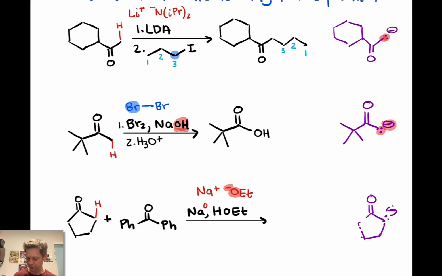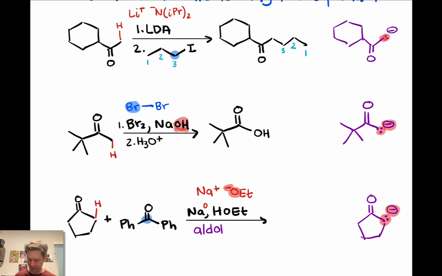Awesome. Okay, so here's our enolate intermediate. Now the question becomes, how is this going to engage with the benzophenone, the remaining ketone? Well, the benzophenone can really only act as an electrophile because it's non-enolizable. And so our first thought should be some kind of nucleophilic addition of this nucleophile to the electrophilic carbonyl carbon. That's exactly what's going to occur here, and that's got a name. We call that the Aldol reaction.